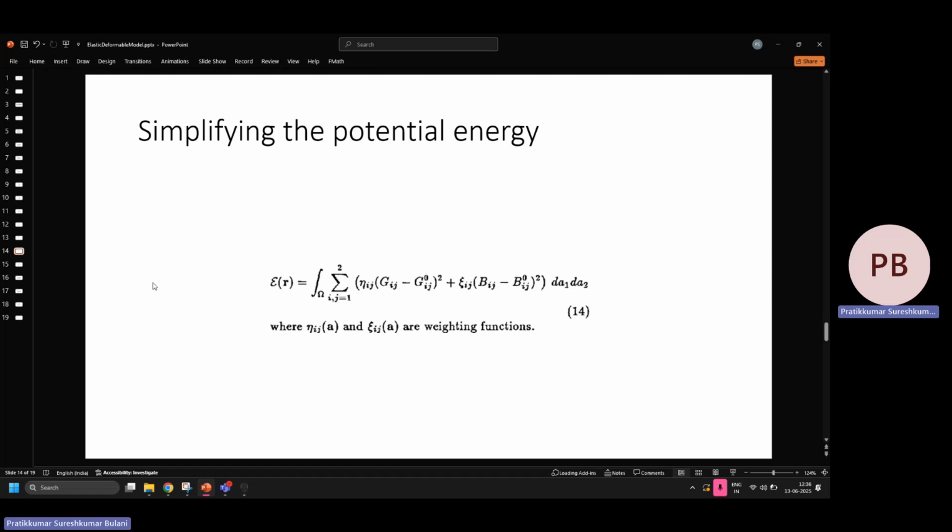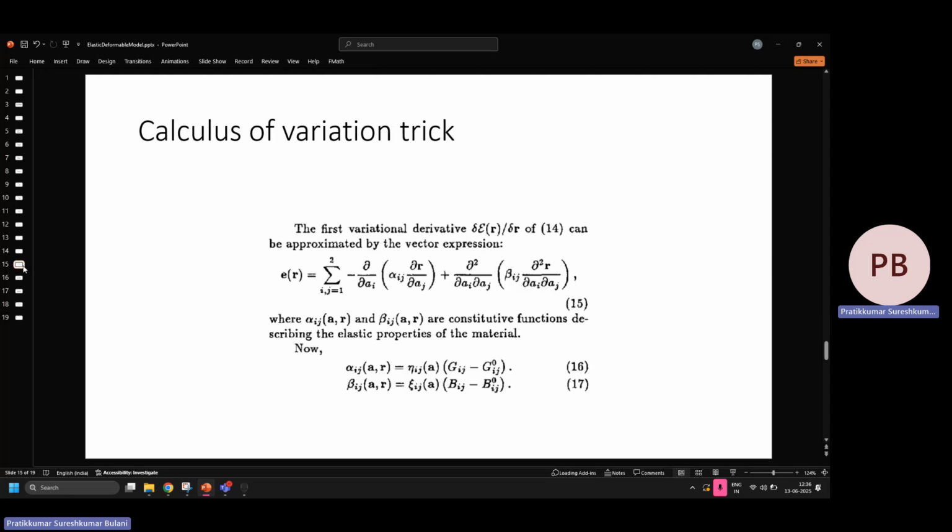And now comes your calculus of variation. I'm not well versed with calculus of variation, so I'm just assuming this formula is correct. Frobenius norm was introduced in 1887, 100 years ago.